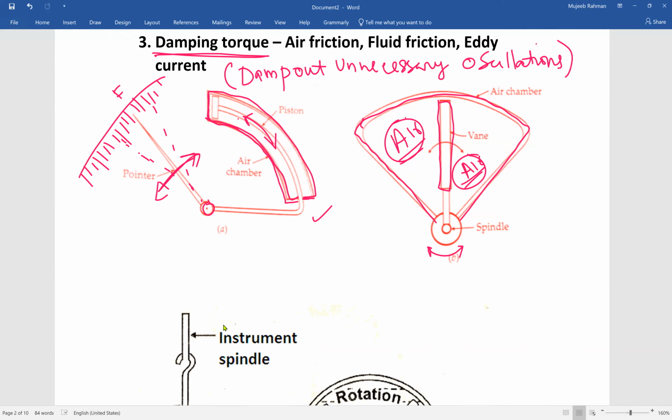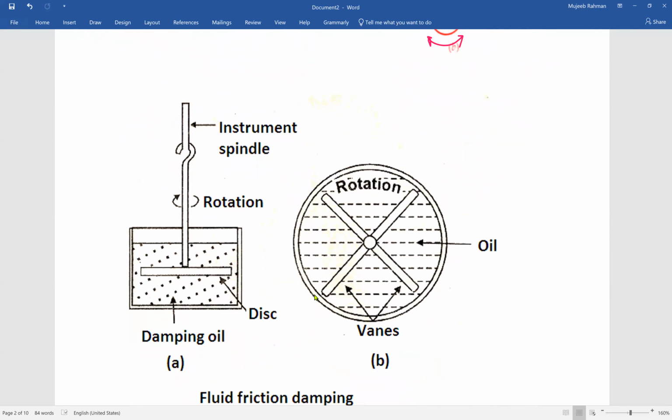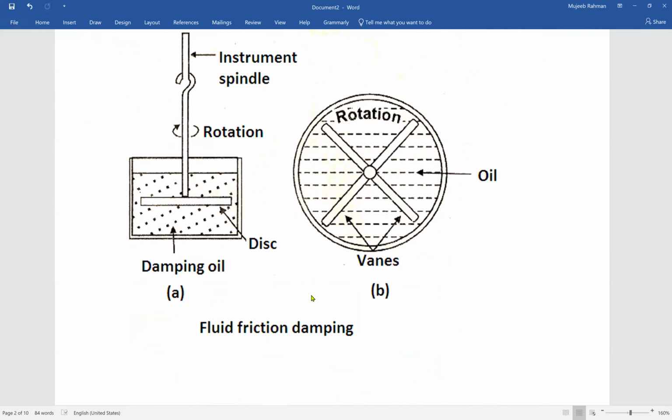It is the same air friction, but there are two types of models here. This is another method, which is not very common. In this method, we are using fluid friction. Instead of air, we are using a highly viscous fluid, and there are vanes attached to the moving system. If the moving system tries to oscillate or vibrate, the friction of the fluid exerted on the vanes will damp out the oscillations.